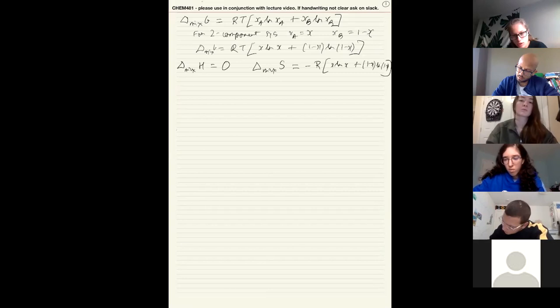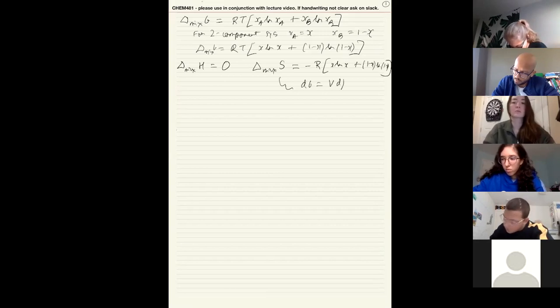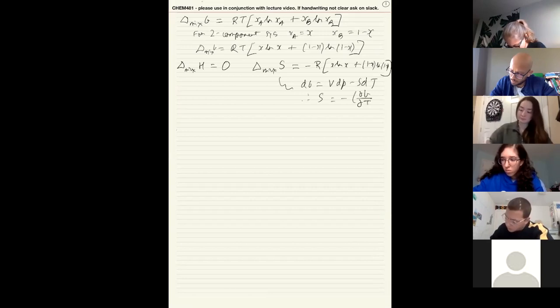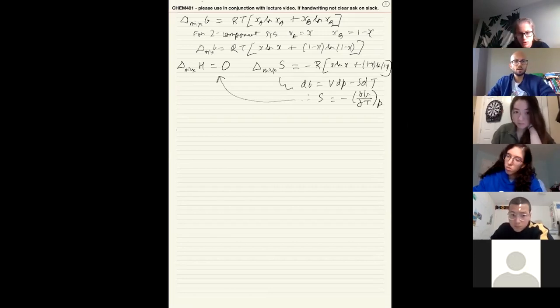How did we get delta mix S? We got this by using the idea that dG is equal to VdP minus SdT, our integrated first and second law of thermodynamics. Therefore, S is equal to minus partial G by partial T at constant P. That's what we used to get delta mix S, from which we then realize that delta mix H is equal to 0.